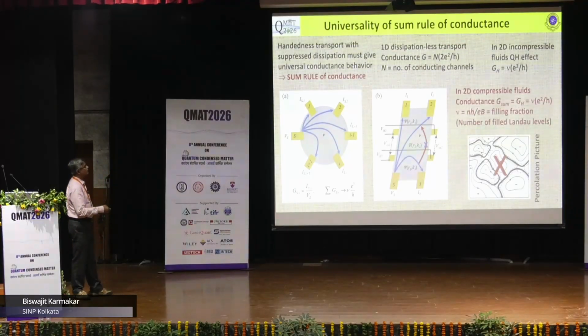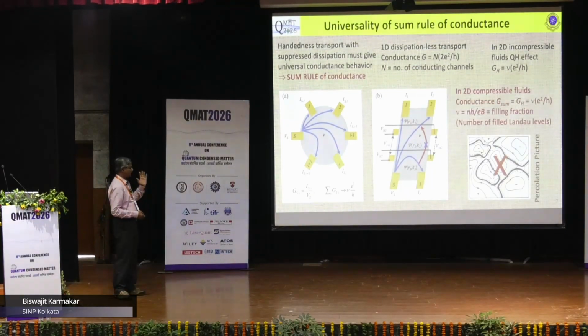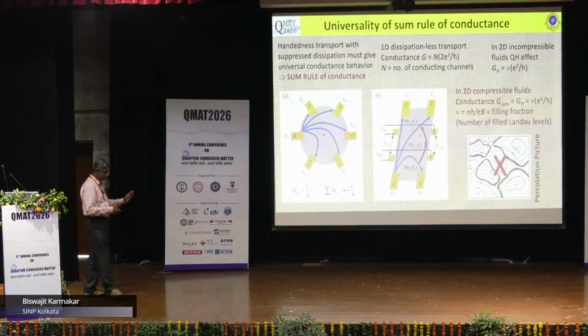For 1D dissipationless transport, the conductance is G = N e squared by h, where N is the number of conducting channels in 1D. But in 2D, in the compressible fluid, G sum is equal to GH. This is the sum rule of conductance that we want to see, and it should be universal.